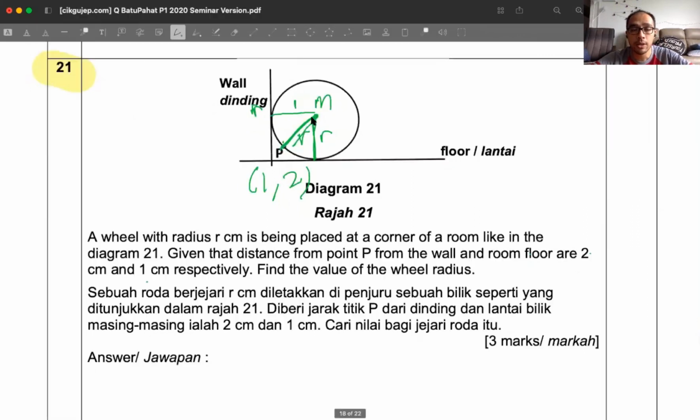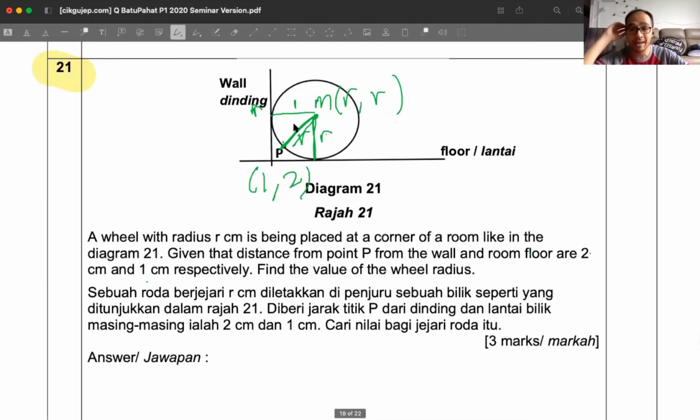Since this is R, I can say that this point M is actually (R, R), because the height is R and this one is also R. Interestingly, the distance between M and P is also R, because this is a circle.